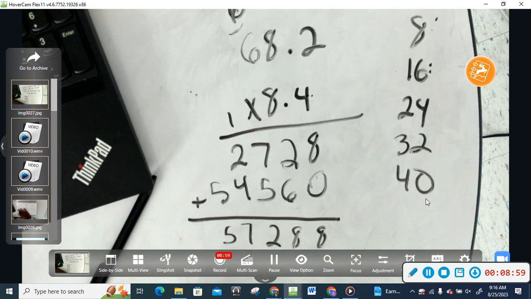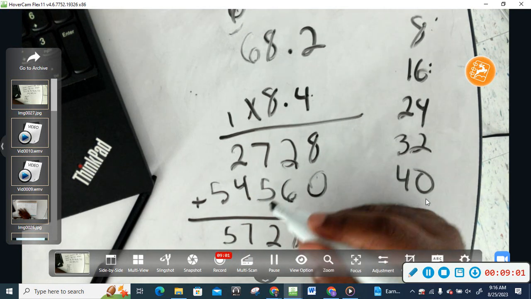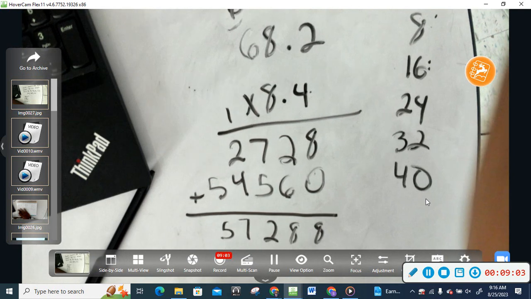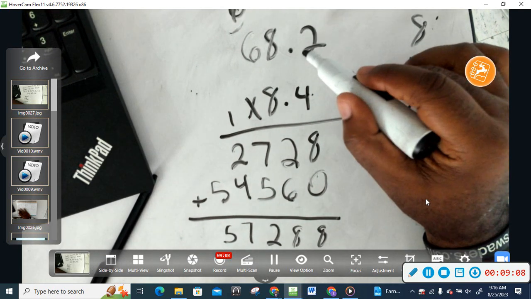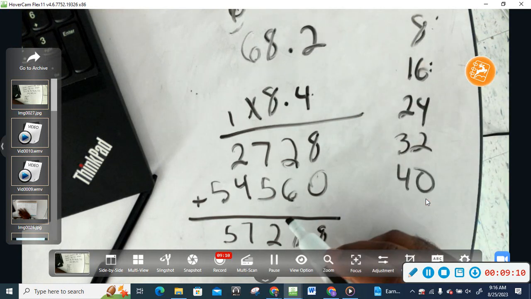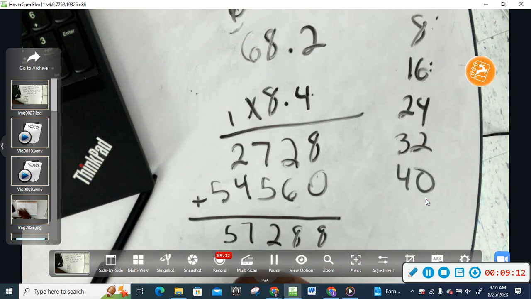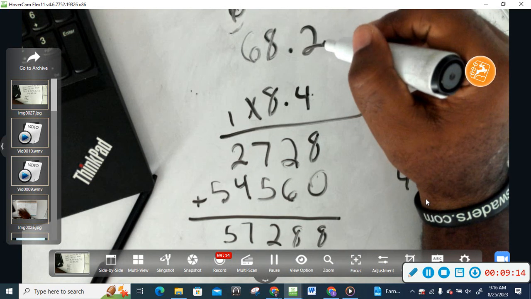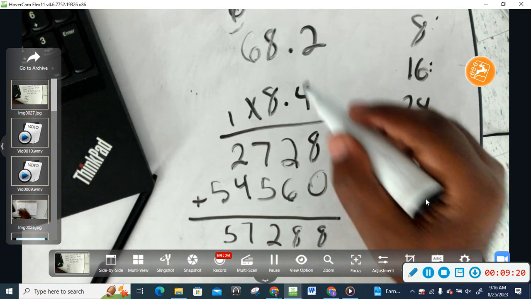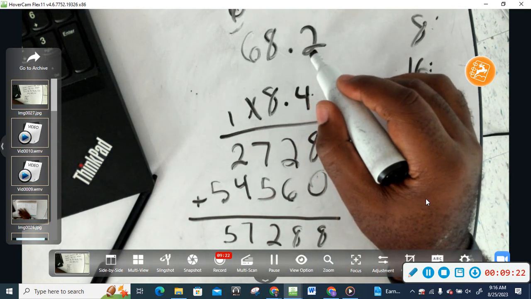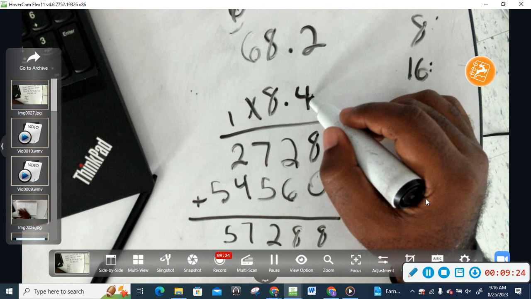Now, crucial last step. I got to figure out where my decimal goes. What did we say yesterday when we talked about the decimal? How many numbers do we got behind the decimal over here? 1 right here and 1 down here, right?